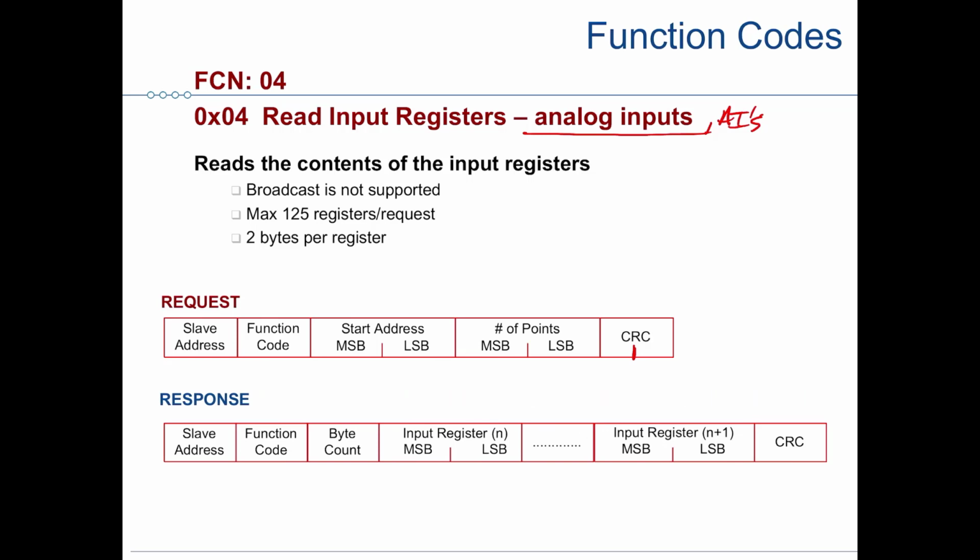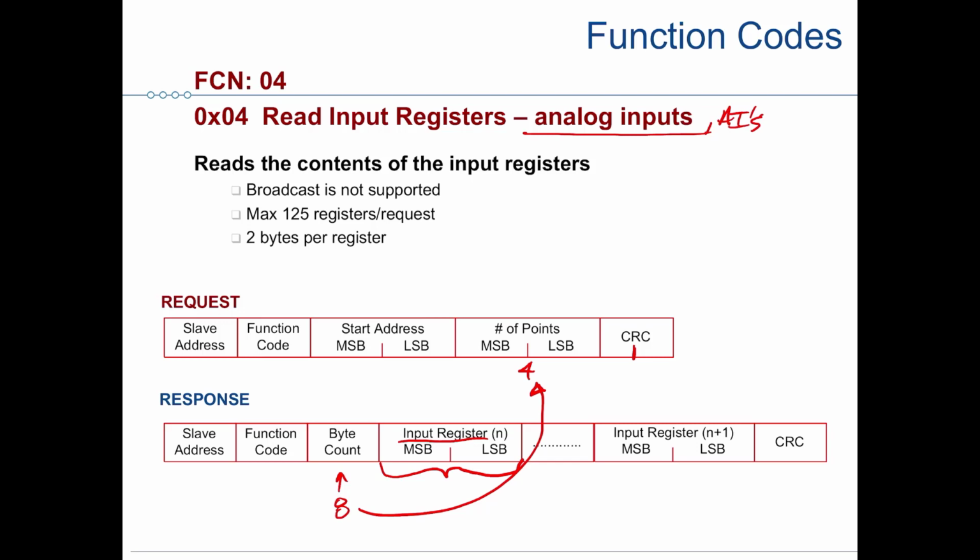Response, I think you're getting the idea. Even though these are analog inputs and not outputs, they're an input register, not a holding register, but they're still 2 byte values. Each and every point is a 2 byte value. So if you wanted to read 4 points, the byte count would end up being 8, since each point is 2 bytes.